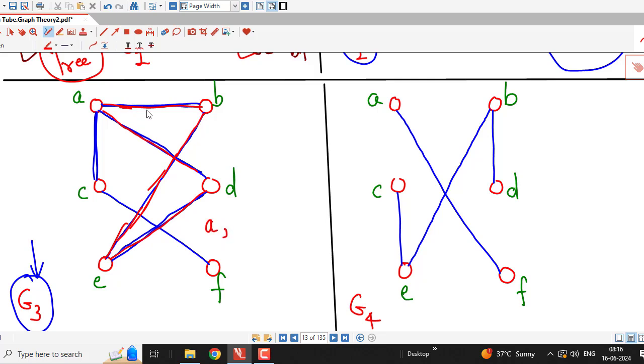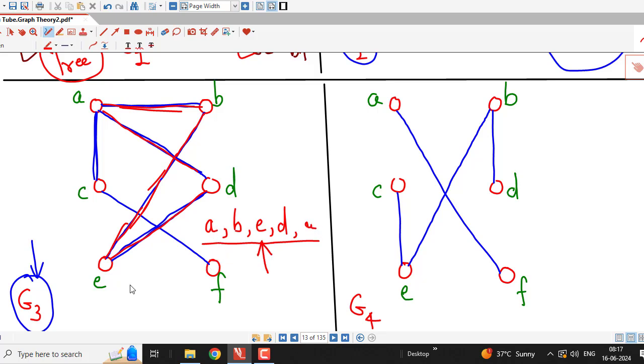I start with A, then from A to B, from B to E, then from E to D, and from D to A. So this is a simple cycle in G3.